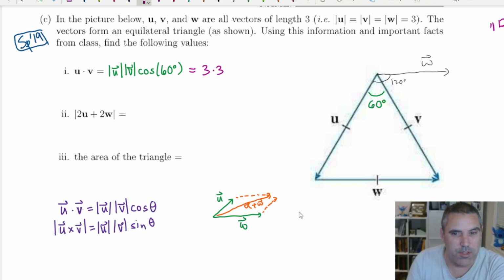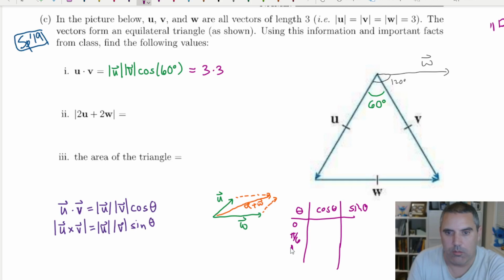Again, this would be a good thing for a note sheet if you don't know these. And you can really get away with knowing these first few. 0, pi over 6, pi over 4. So this is not what the question was either, but since we're here. So again, if you can just remember that sine of 0 is 0, you can fill in this whole thing.